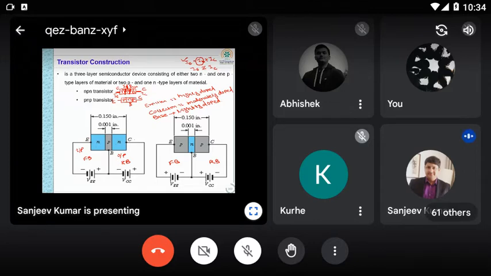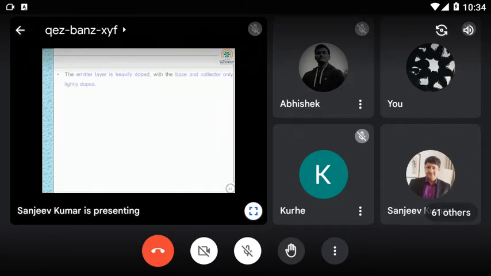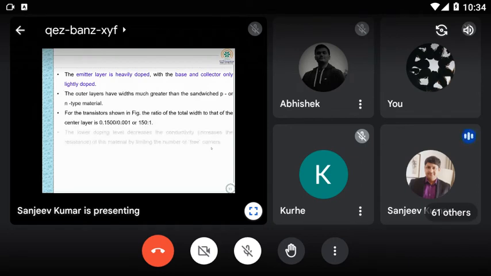This is for construction of an NPN or PNP transistor. Any queries? Whatever I told, the emitter layer is heavily doped and the base and collector are lightly doped. This part I already told, so it is not required to discuss once again.